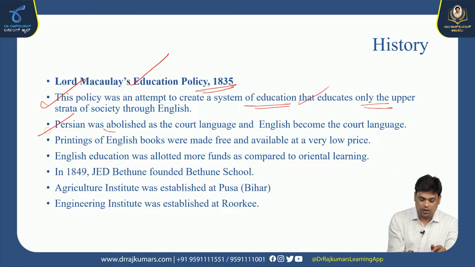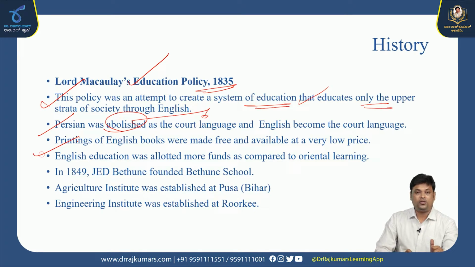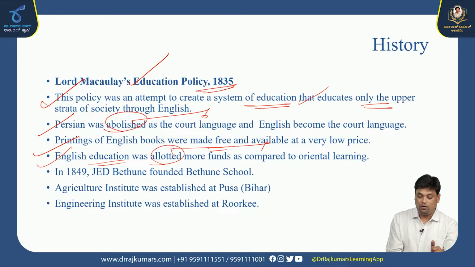Persian was abolished as the court language and English became the court language in India. Printing of English books was made free or available at very low price to make Indians aware of the importance of the English language. English education was allotted more funds as compared to Oriental learning.